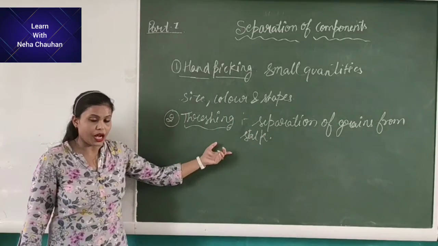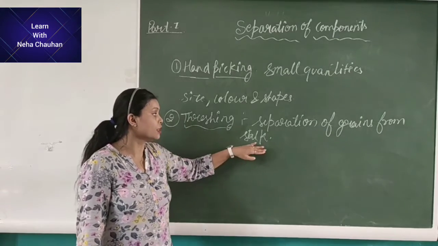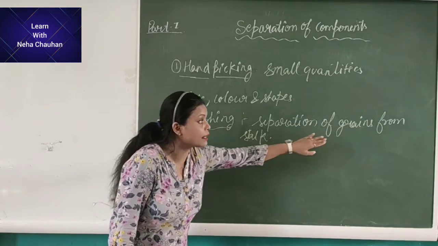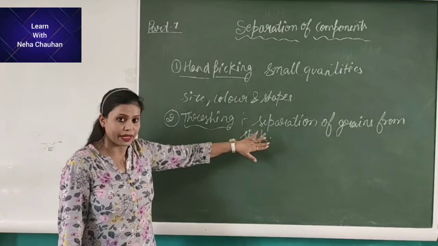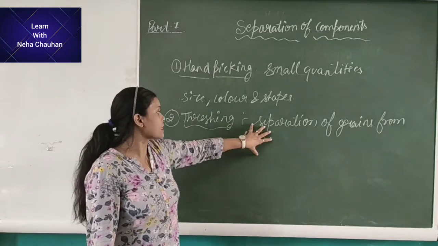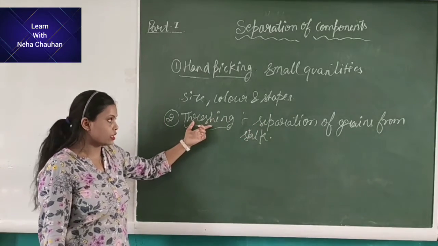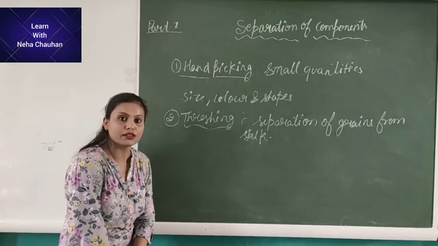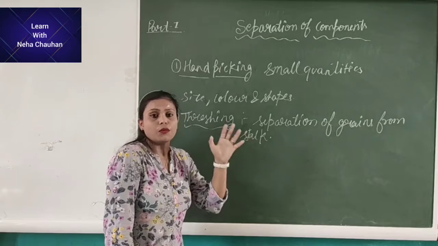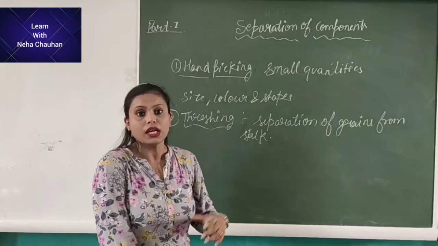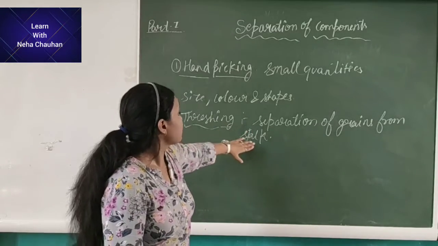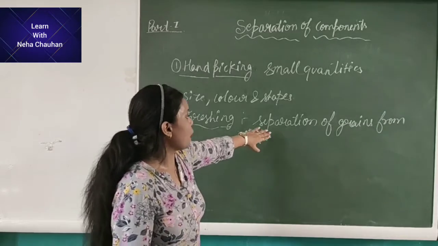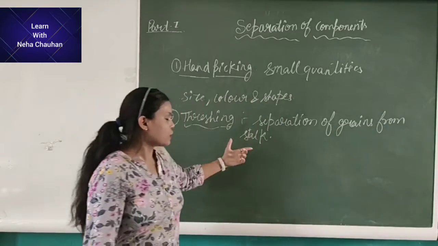When a farmer harvests his crop, he gets a large number of stalks and grains that must be separated, right? This can be done by threshing, and this process is done by a machine called a thresher. In old times, bullocks were also used for threshing, separating the grains from the stalk.